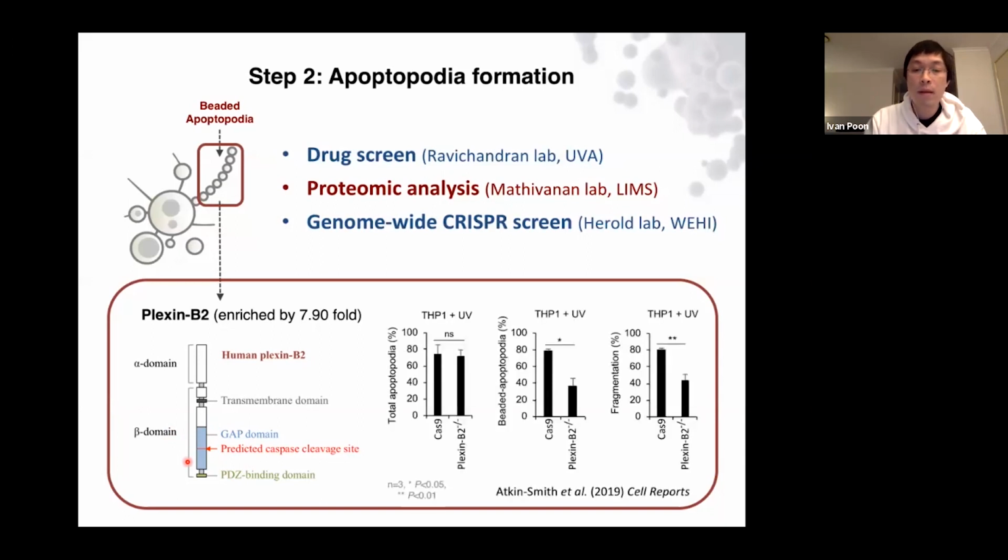But what's interesting is that when we knocked out plexin B2, initially we were quite disappointed because the cells were still forming the protrusion. But the protrusions are less likely to become beaded, because if they're not beaded, they retract much earlier and are less likely to fragment. So plexin B2 is a positive regulator of this process.